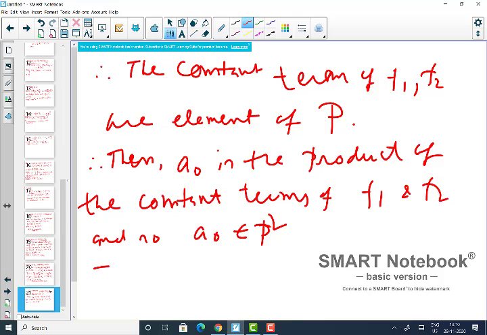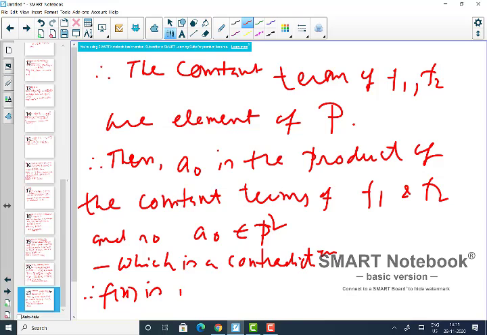But this is a contradiction. Remember, we assumed that a0 cannot be an element of P squared, but here we proved that it is. So that means your f(x) is irreducible in R[x]. Clear?